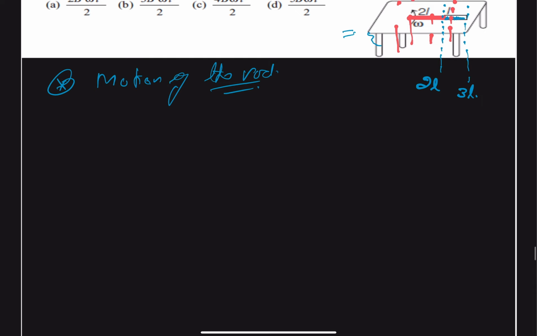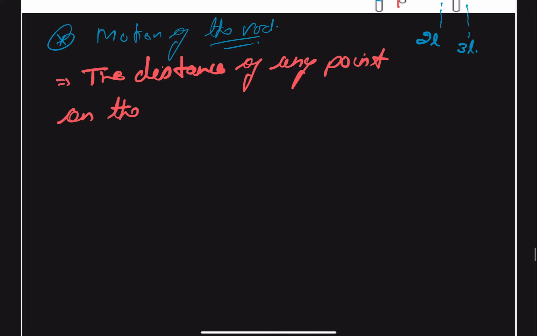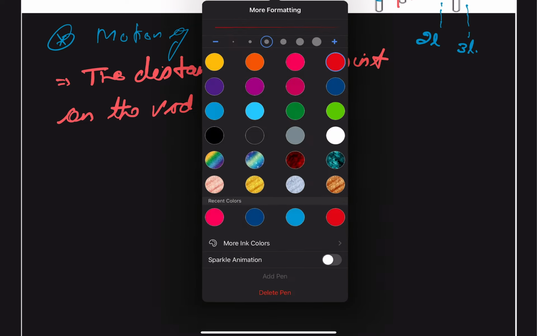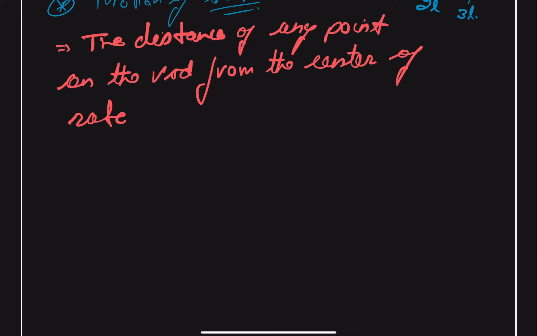And we can say that the distance of any point on the rod from the center of rotation varies from 2L to 3L.